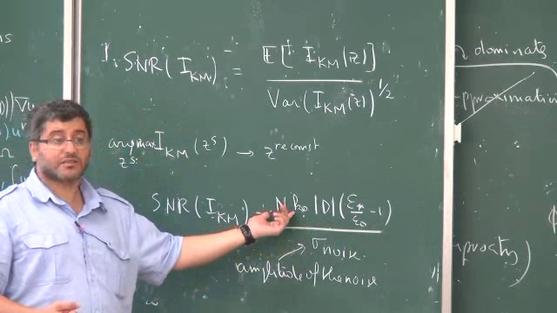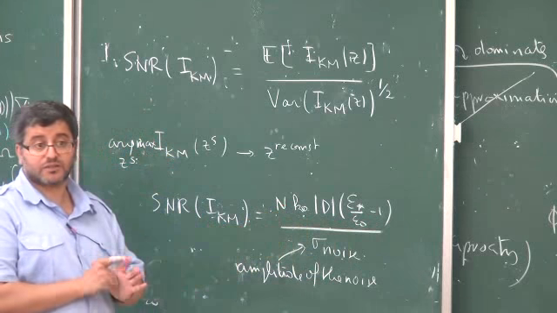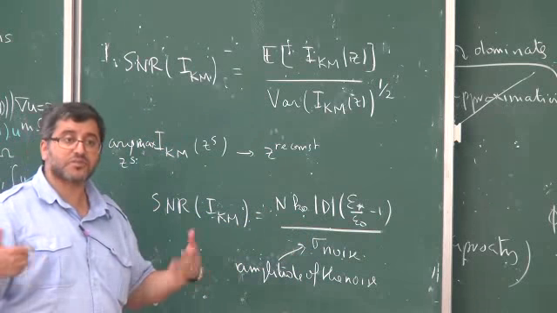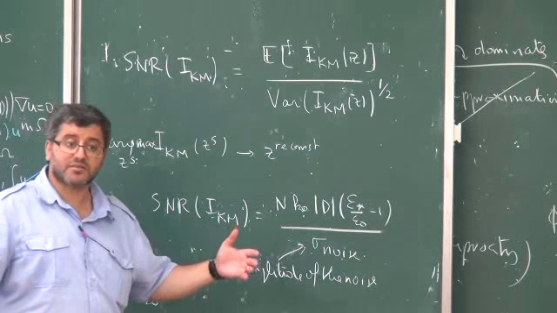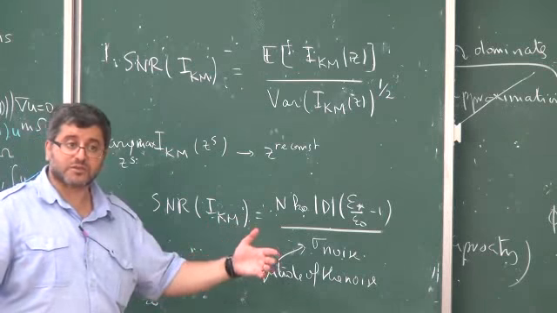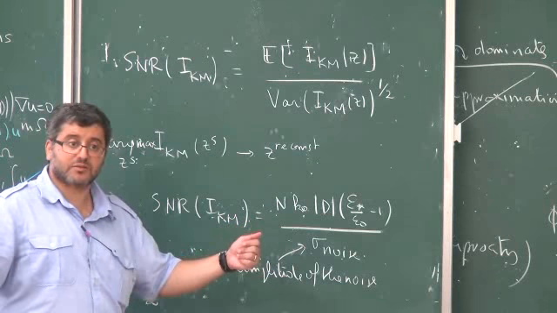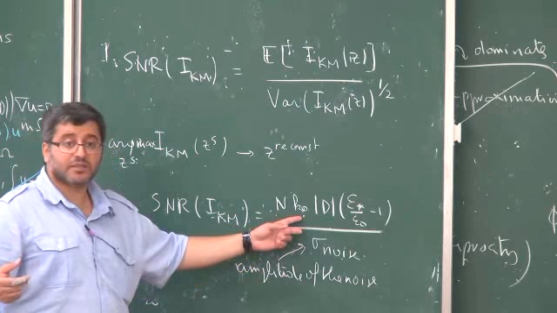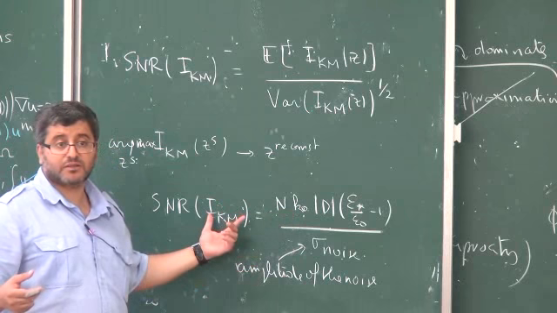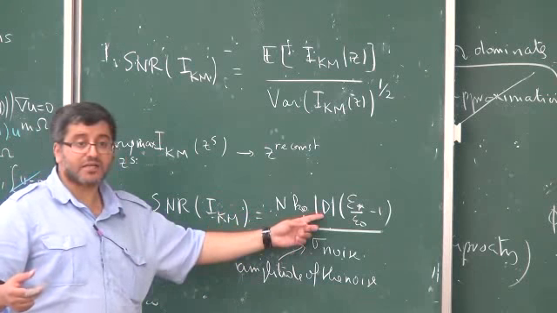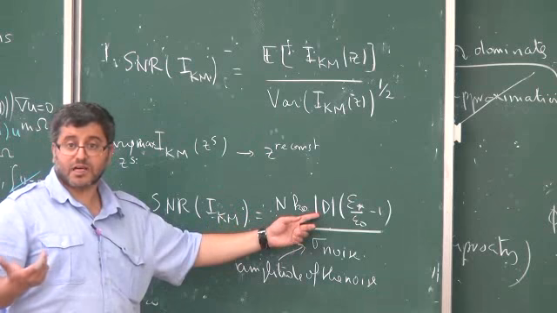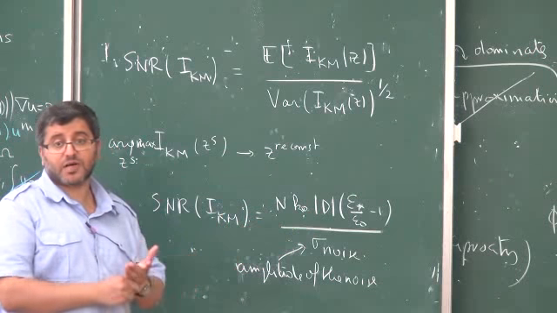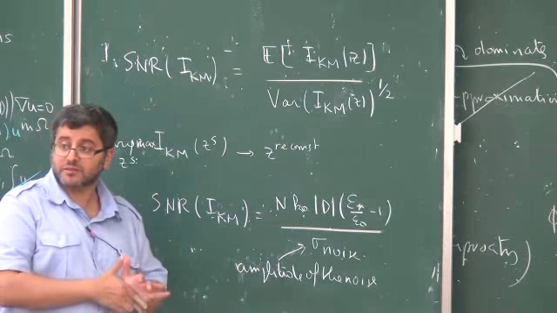If N is large, then the signal to noise ratio is large, because you are using more receivers and more sources. You enhance the signal to noise ratio. If the frequency is larger, then the signal to noise ratio is higher. If the volume of the inclusion is larger, it's more visible, and then your algorithm will find it.